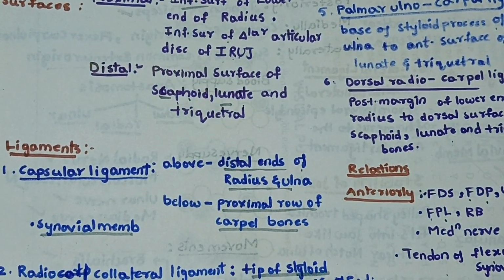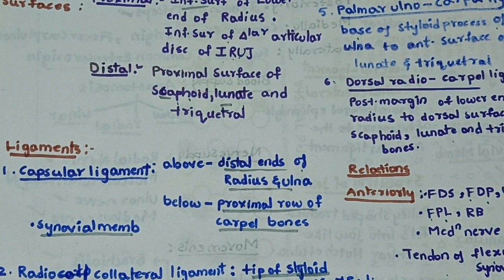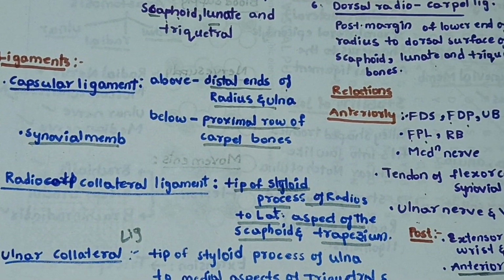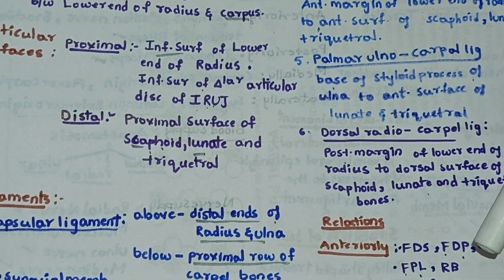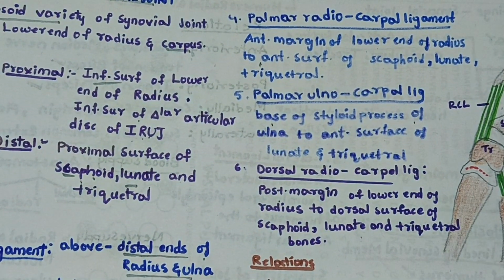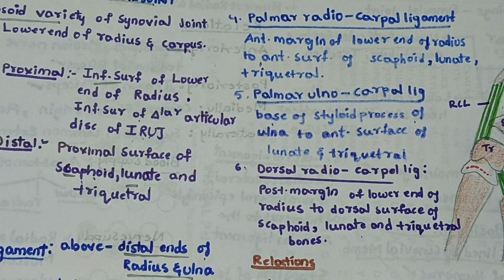They are the capsular ligament, the inner side lined by synovial membrane, and the radial collateral ligament extending from the tip of the styloid process to the lateral aspect of the scaphoid and trapezium. The third ligament is the ulnar ligament, and the fourth one is the palmar radiocarpal ligament. Next, the palmar ulnocarpal ligament and the dorso-radiocarpal ligament.